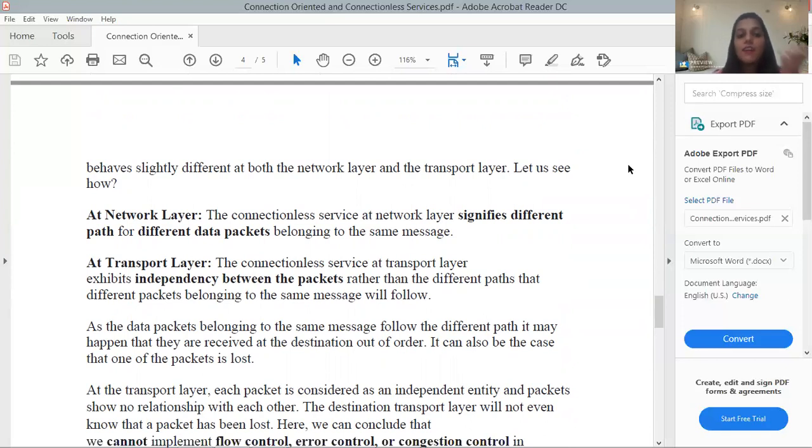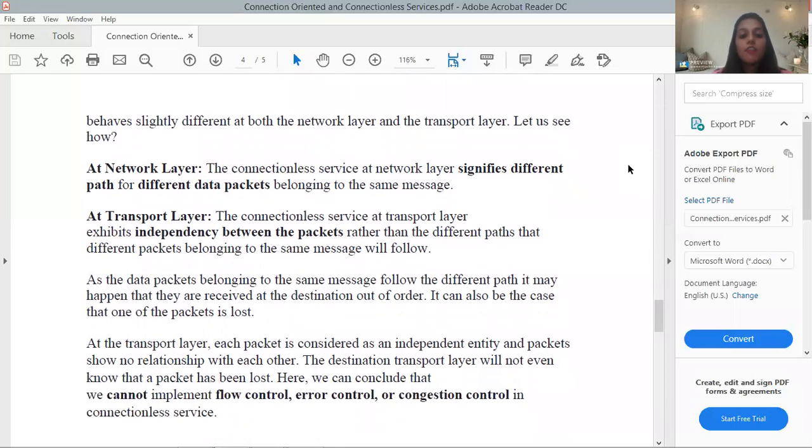As the data packets belonging to the same message follow different paths, it may happen that they are received at the destination out of order, and it can also be the case that one packet is lost. Okay, packets in between of the datagrams are lost in the middle of some routes.